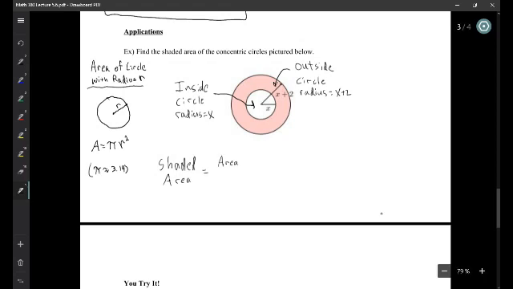area of outside circle minus area of inside circle.